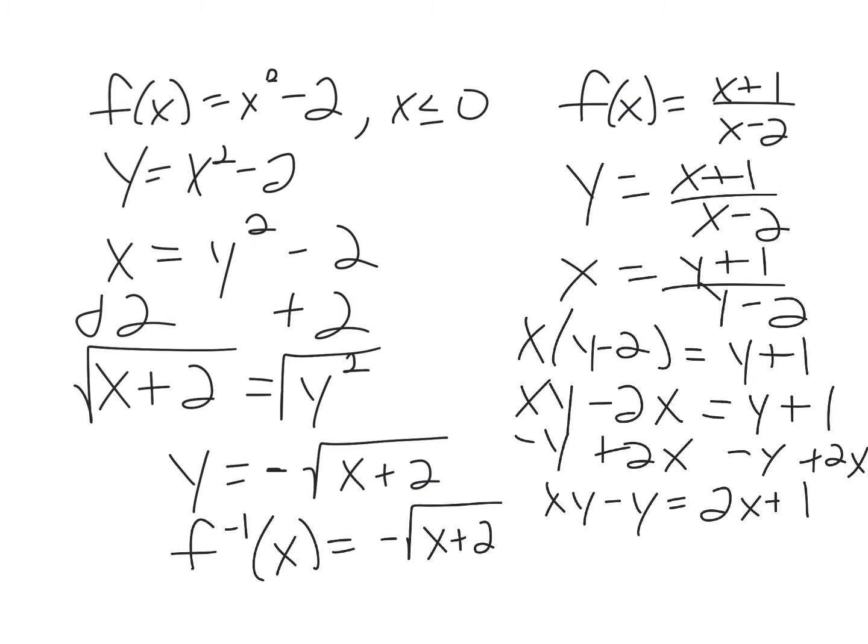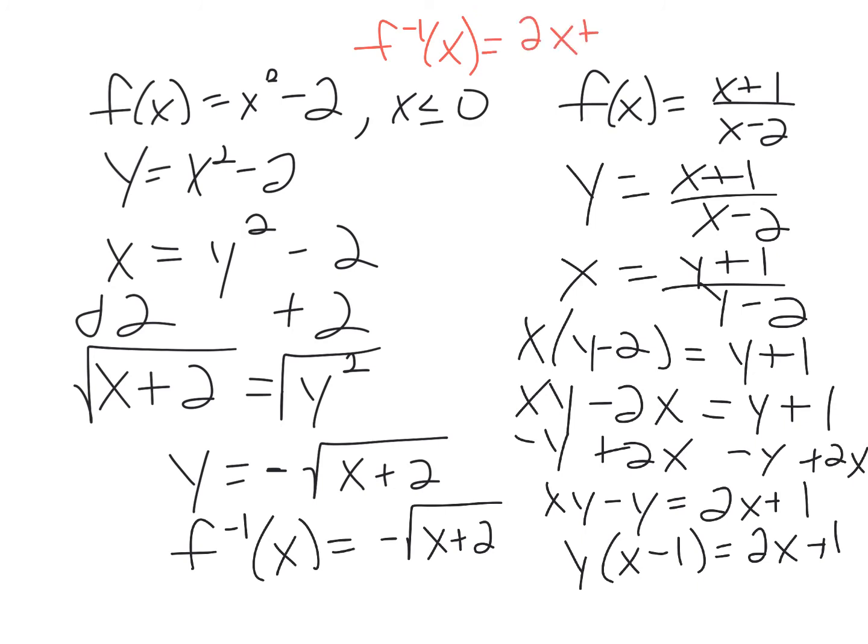Now that I have all the y's on one side, I can factor out a y, and then divide by x minus 1, giving me a solution. I'm going to write it up top. The inverse of f of x is equal to 2x plus 1 over x minus 1.